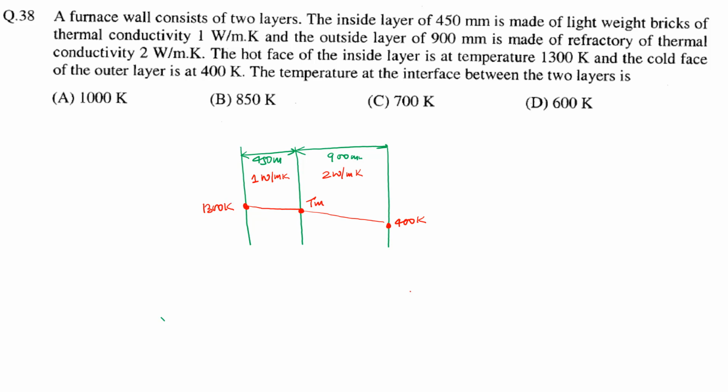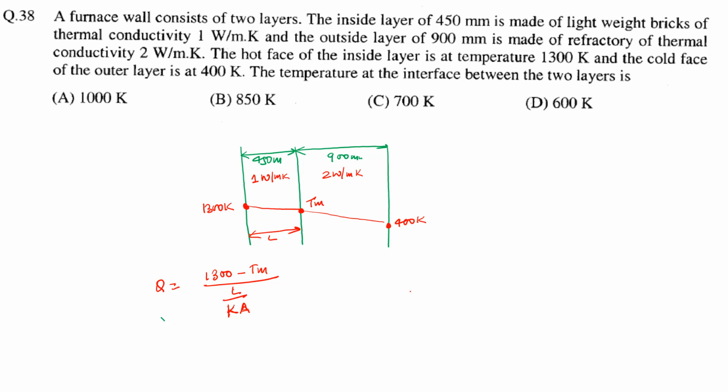Now for this, what is the heat flow rate? Q is equal to 1300 minus Tm divided by L by KA, where K is the thermal conductivity and A is the area.